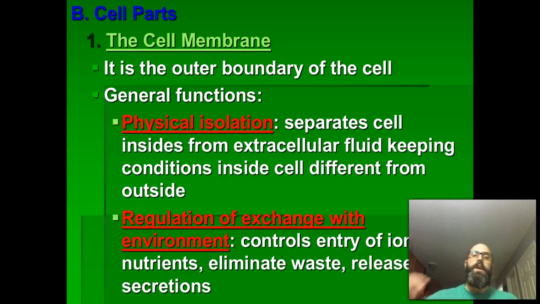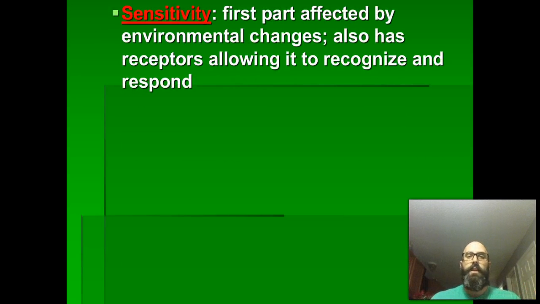The other thing is the cell membrane regulates what goes in and out. These are ions, nutrients, waste, secretions, excretions, all of these things controlled at the cellular level. You also have sensitivity. Cells maintain the ability to detect environmental stimuli or changes.